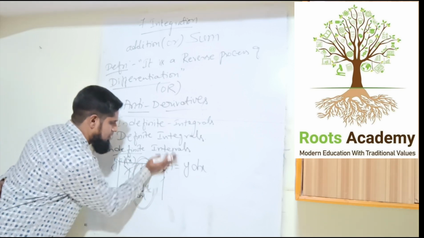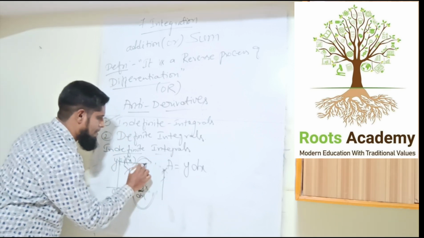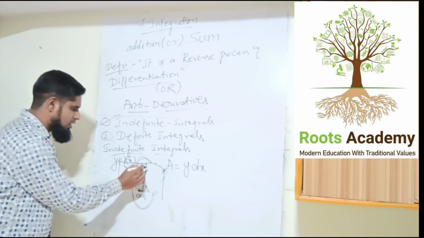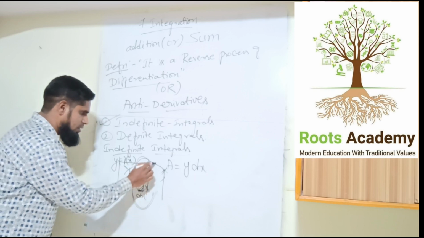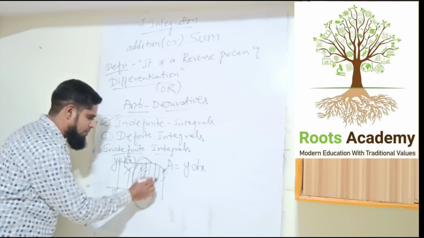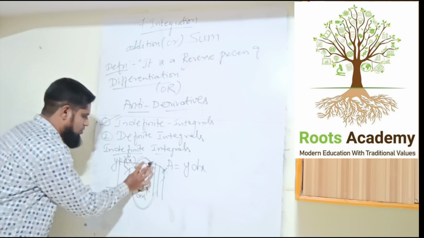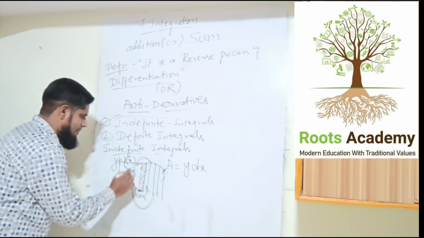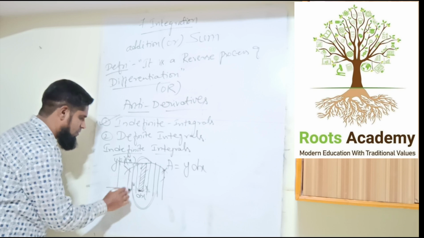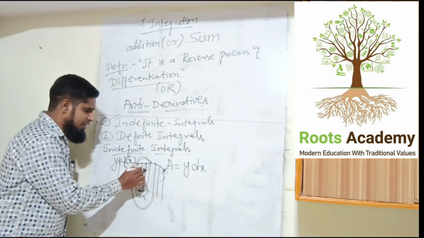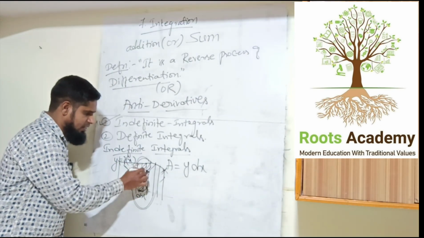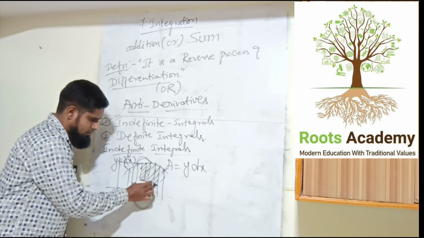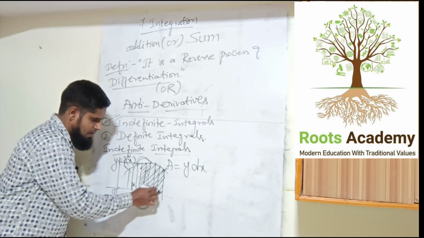As I took one portion here, I will take one more portion, then one more portion, then one more portion. Then here also, I will take one more smaller portion. Then I will start finding the area of each rectangle. See here?